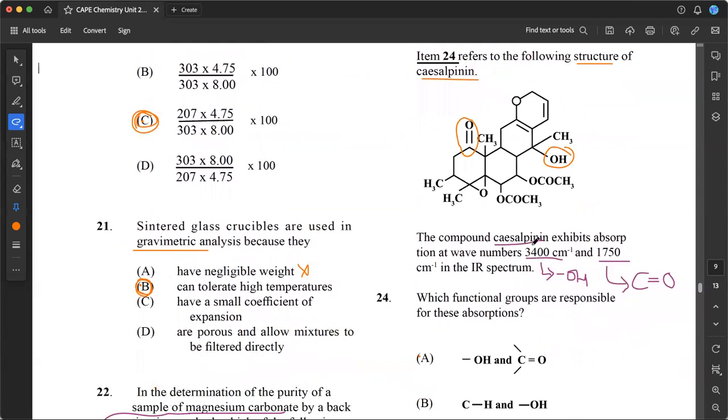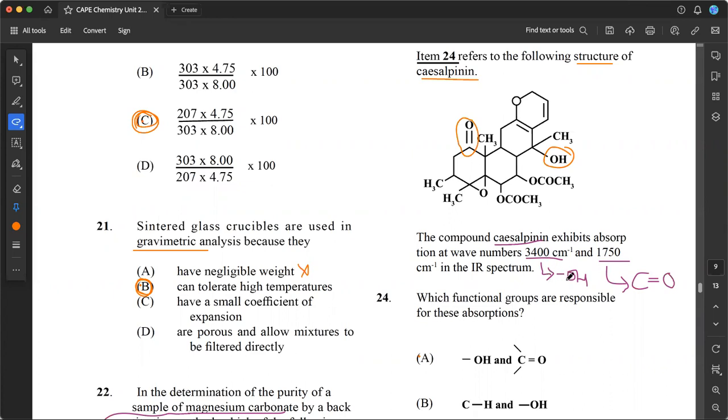So the compound exhibits absorption at wave numbers 3,400 inverse centimeters and 1,750 inverse centimeters in the IR spectrum, right? So this is a question about IR spectroscopy. And so it's asking which functional groups are responsible for these absorptions. So we know that the OH group is going to be picked up at around 3,400 inverse centimeters.